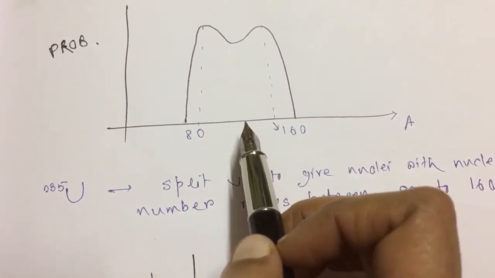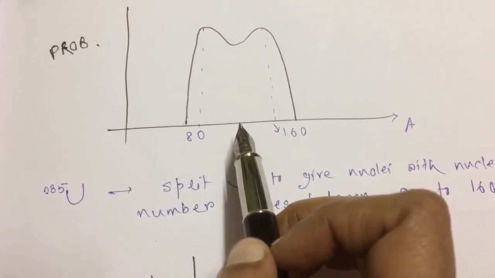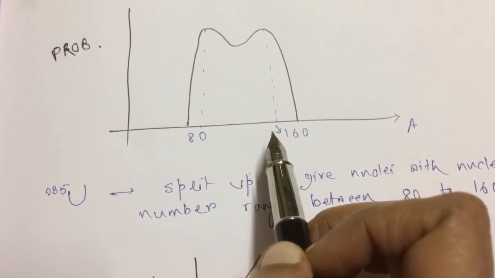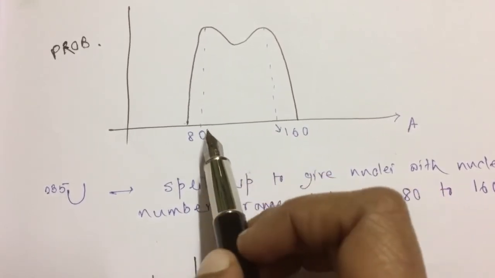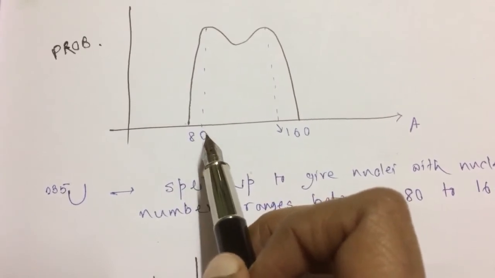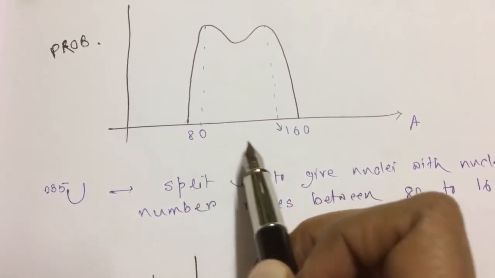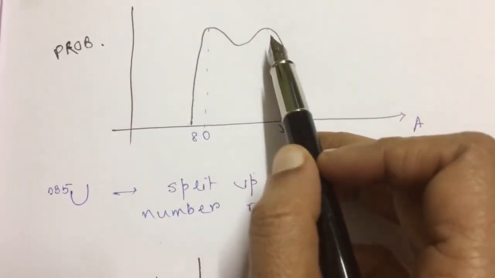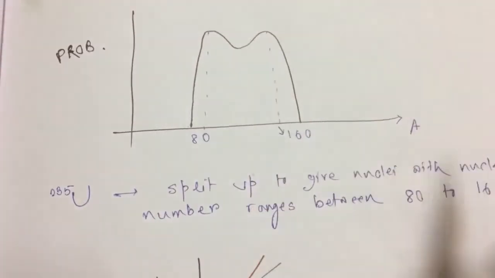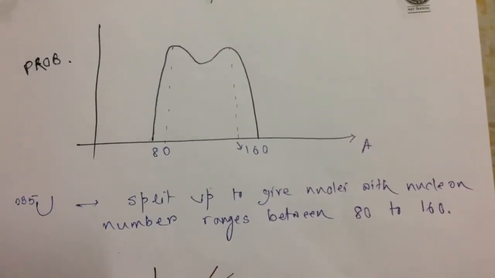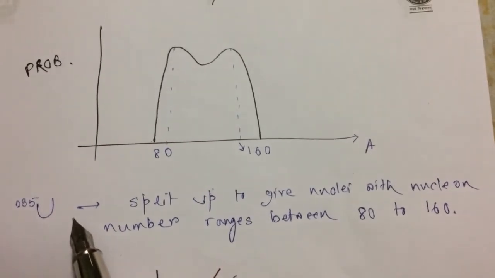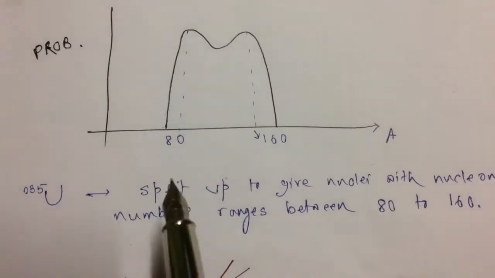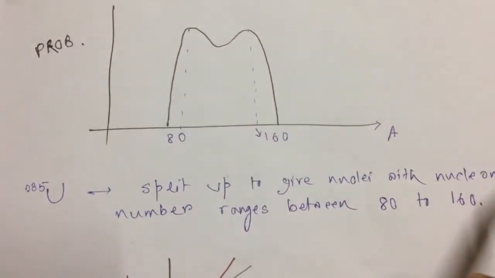But the probability of getting nuclei with total number of nucleons around 90 and around 140 is maximum, as we can see from this probability distribution. And uranium 235 can be split up with all the possible nucleon numbers between 80 to 160.